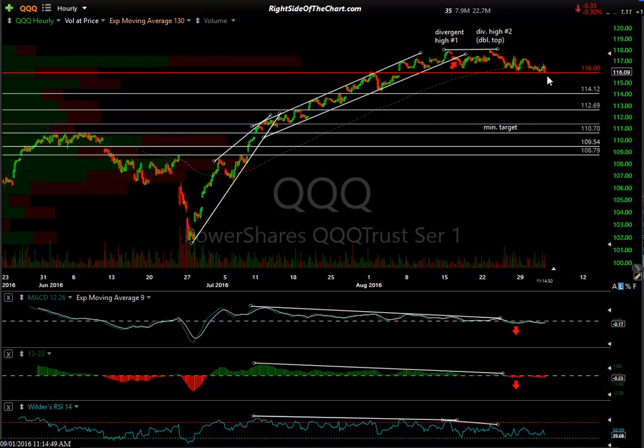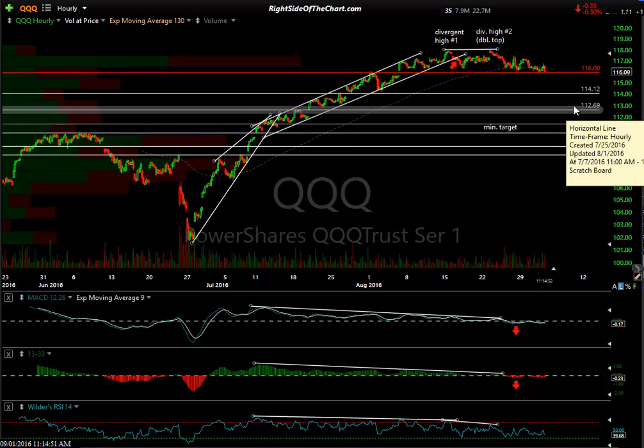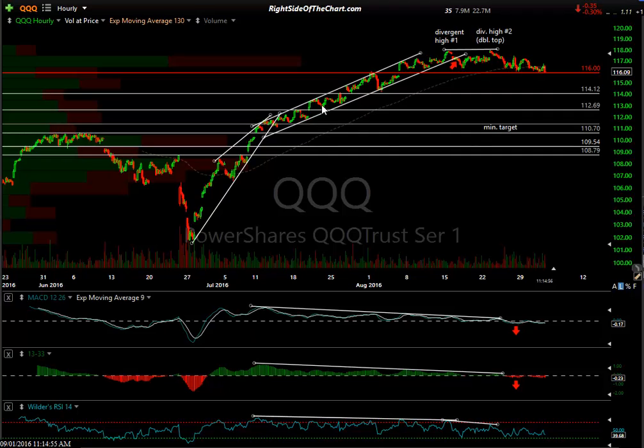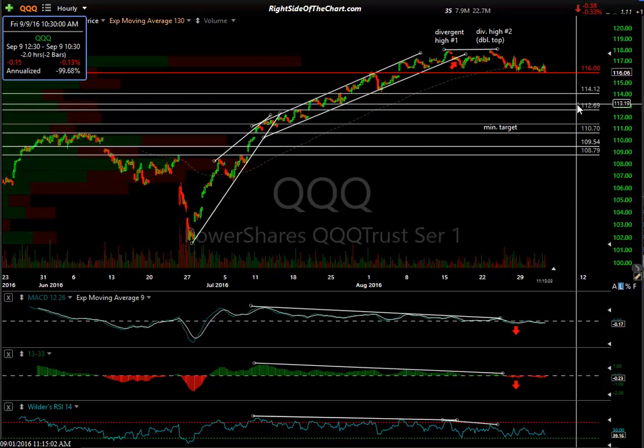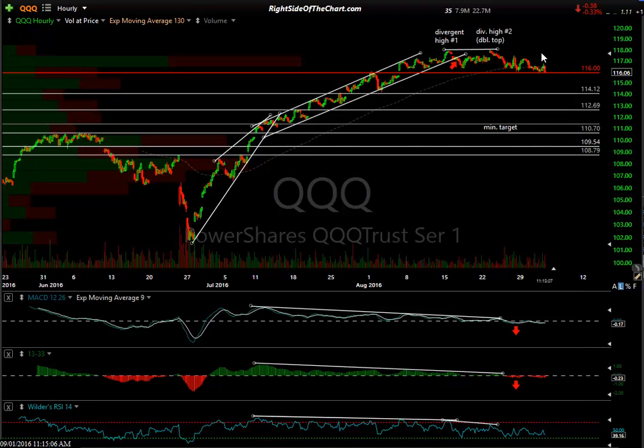And so as we approach 110.70, maybe I'll lower my stops down to just above one of these former support, now resistance levels. There's 112.69, so you put a stop around 113.09, somewhere around there, and you let it ride.